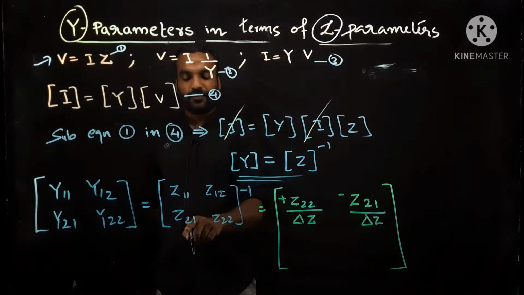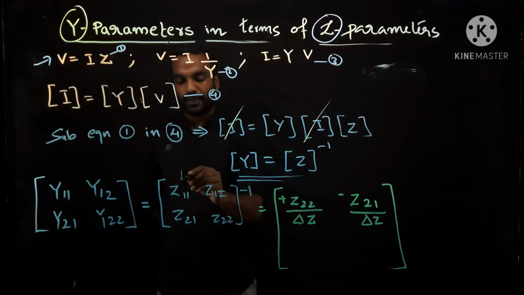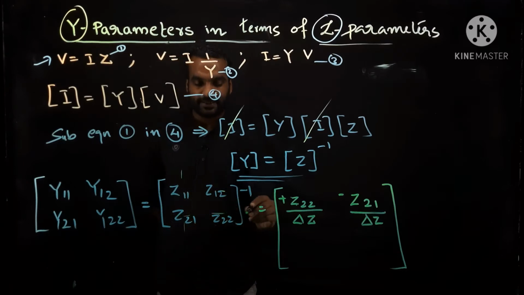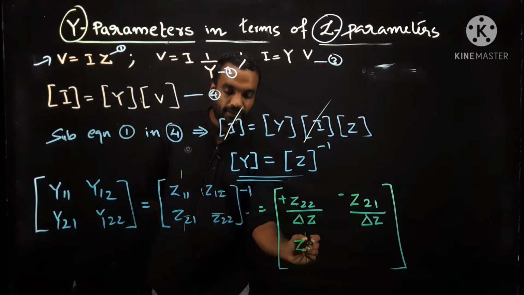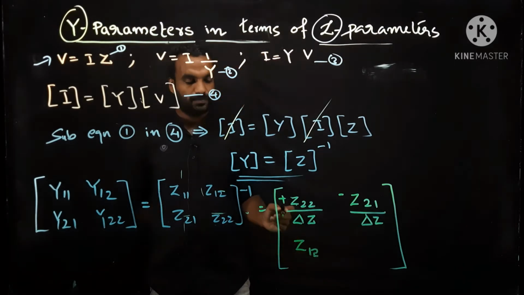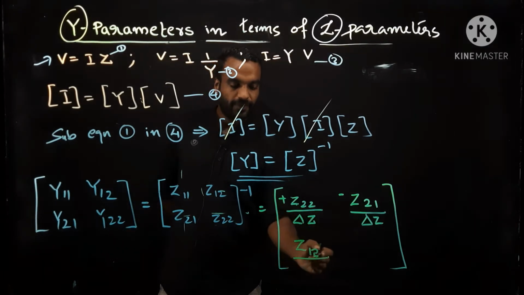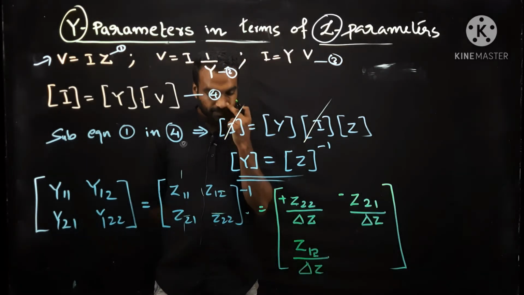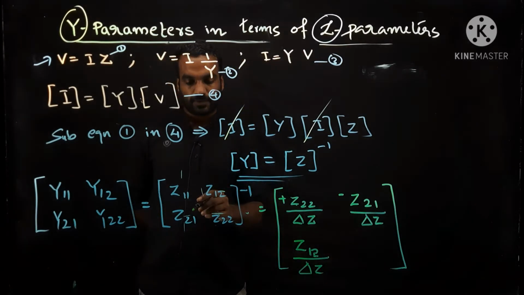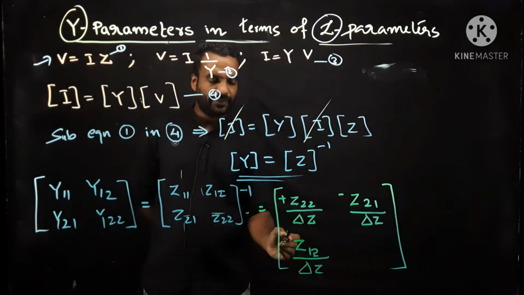Then what will be this corresponding element in the inverse matrix? You have to draw a line like this and a line like this. Then this will be the remaining element. That will be Z12 divided by delta Z. For that, 2 plus 1 is 3, that is an odd number.